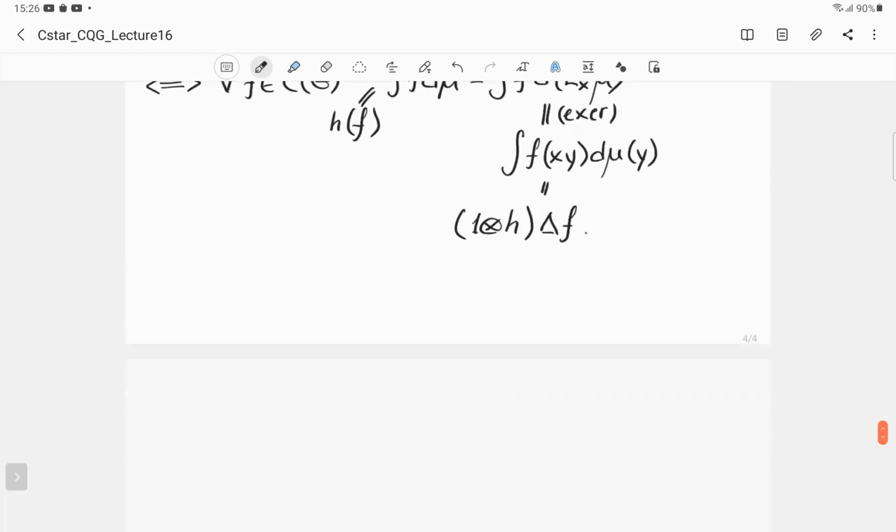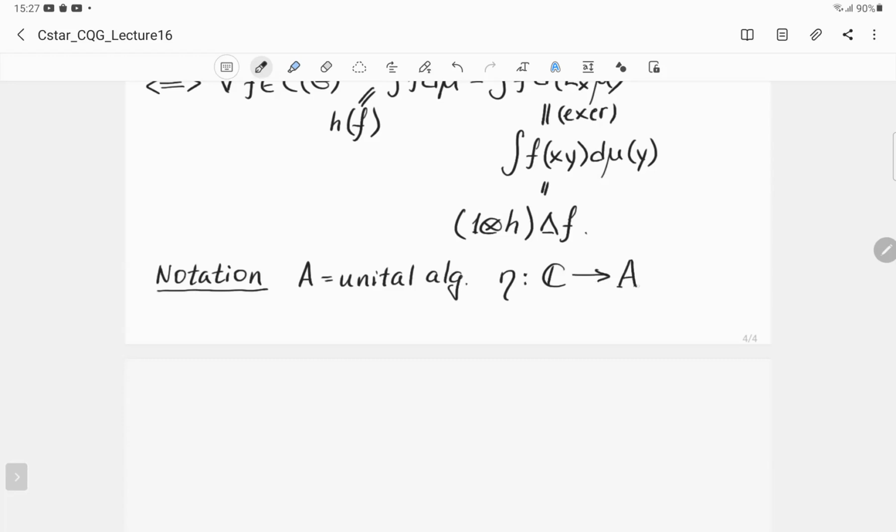Okay, so to make this formula more compact, let's introduce some more notation, which makes sense for an arbitrary unital algebra. If A is a unital algebra, then we denote by a little eta the unit map, that is, the unique linear map from the complex plane to A which takes the identity to the identity.